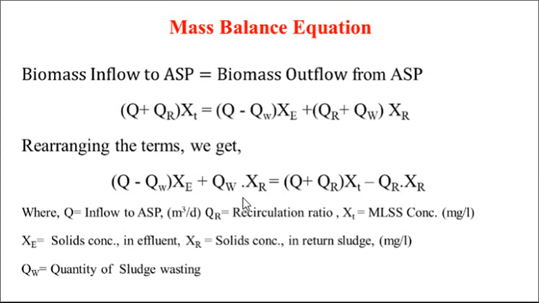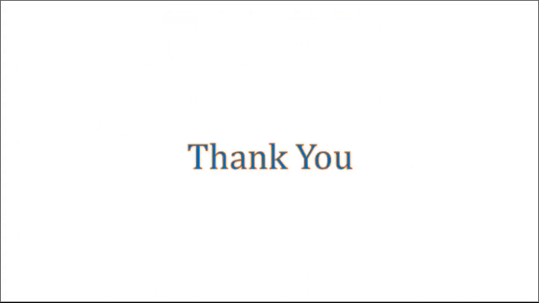So this is the mass balance equation for the activated sludge plant, where Q is the inflow to the ASP in meter cube per day, QR is the recirculation ratio, meaning how much quantity of sludge we are recirculating, XT is the MLSS concentration in mg per liter, XE is the solids concentration in treated sewage, XR is the solids concentration in return sludge, and QW is the quantity of sludge wasted. So this is regarding the activated sludge plant and its mass balance equation. This is enough for this lecture. Thank you.